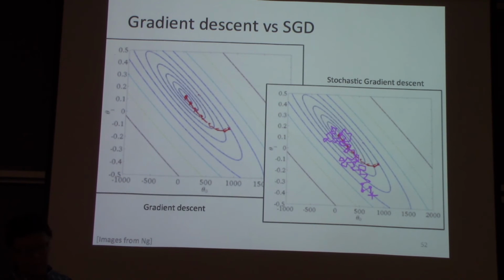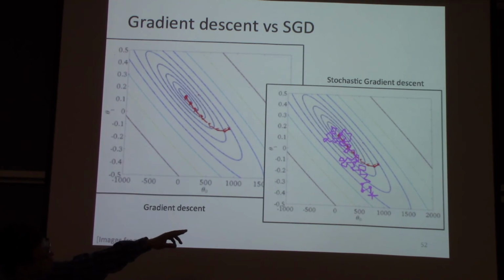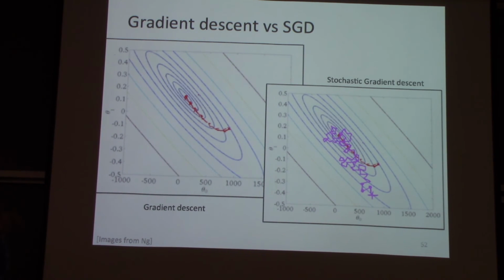So at each step, there's a possibility that you're actually going in the bad direction, because that example might not give you a good estimate of the true gradient, which means at each step, you could actually increase the function. But eventually, if you do this with truly uniform random sampling, it will converge to the local minimum. And there's a theorem guarantee about that. So that's why the purple line looks a lot messier than the red line there, but it will arrive at the same position.